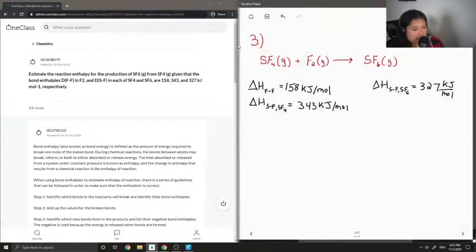Okay, so now that we wrote out all of our values, I'm going to write out the standard expression that you would use in order to estimate the reaction enthalpy. So to start off, it's going to be delta H of the reaction. And all that is, sorry, that's an ugly sum.